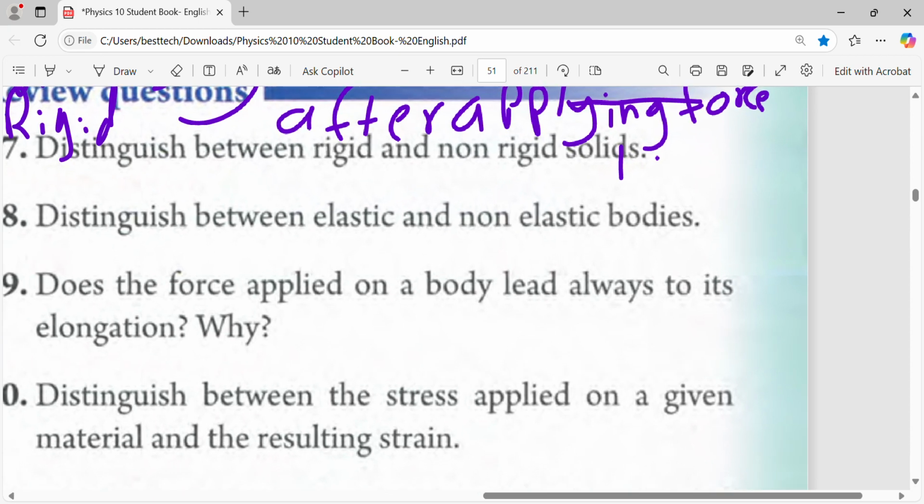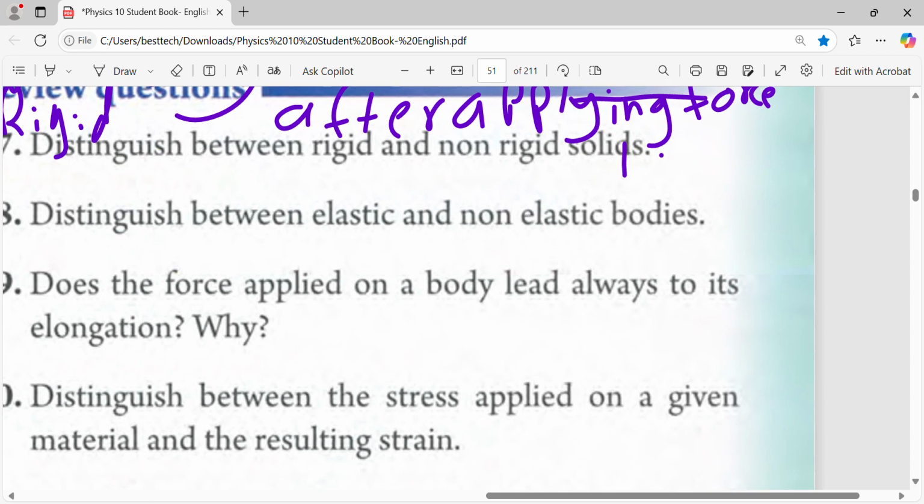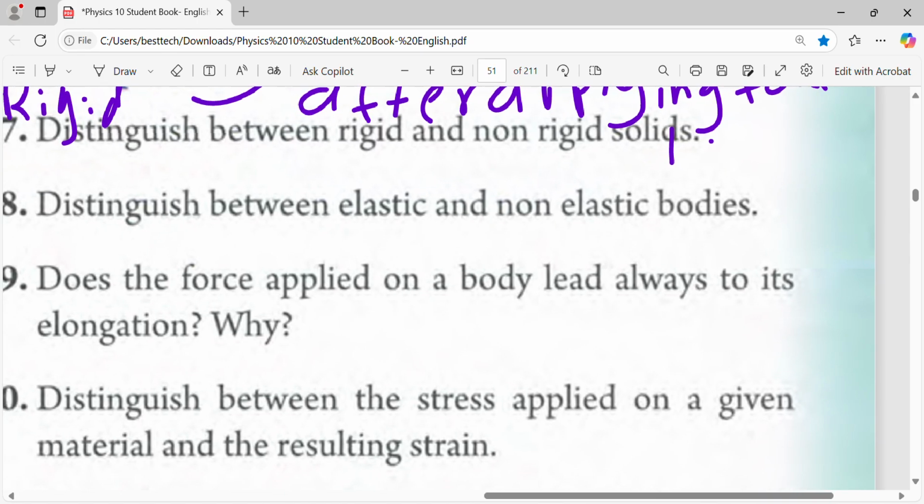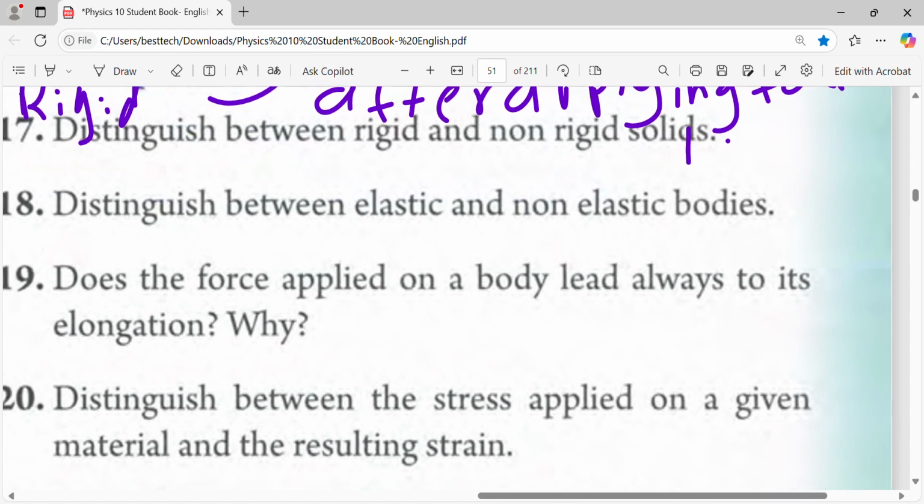Question 18. Difference between elastic and non-elastic. Elastic is the ability of any object, after you apply a force, to restore back to the original shape. For example, as we studied, a sponge, a spring, a sleeping mattress.